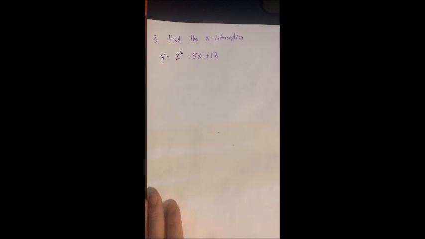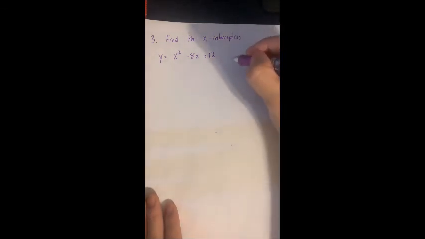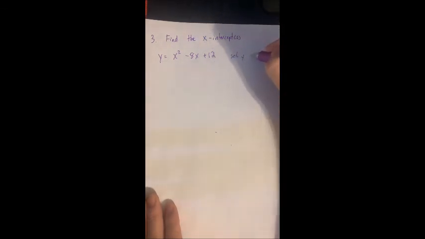So the first thing we want to do is actually try to understand what we're doing. In order to find the x-intercept of any equation, we know that the y coordinate of all the x-intercepts is going to be 0. So we want to set y to 0.